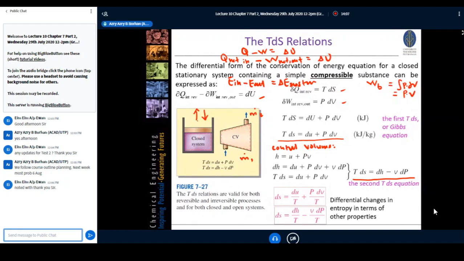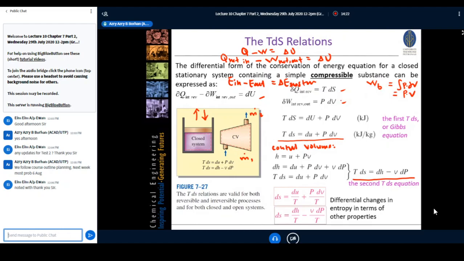In the case of an expansion or compression process of a closed system for a gas, we know that W net out equals P times delta V, because of the boundary work that we have.